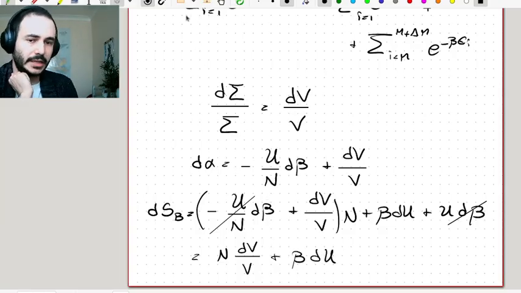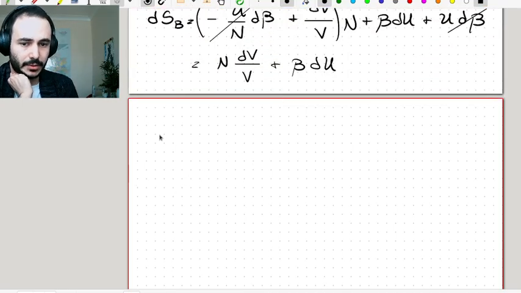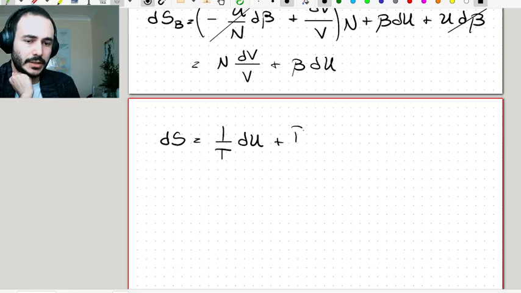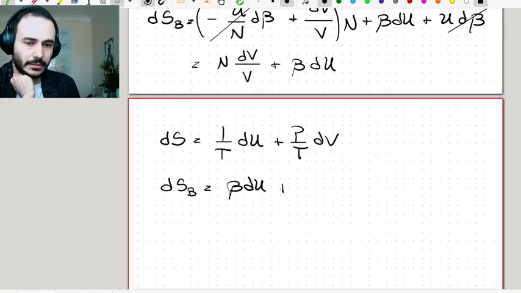And once again, we are going to compare with the fundamental thermodynamic relationship in terms of the true thermodynamic entropy. So ds, remember, is 1 over t du plus p over t dv. And what we get from this Boltzmann approach, when we allow the volume to change, is beta du, and now n dv over v.